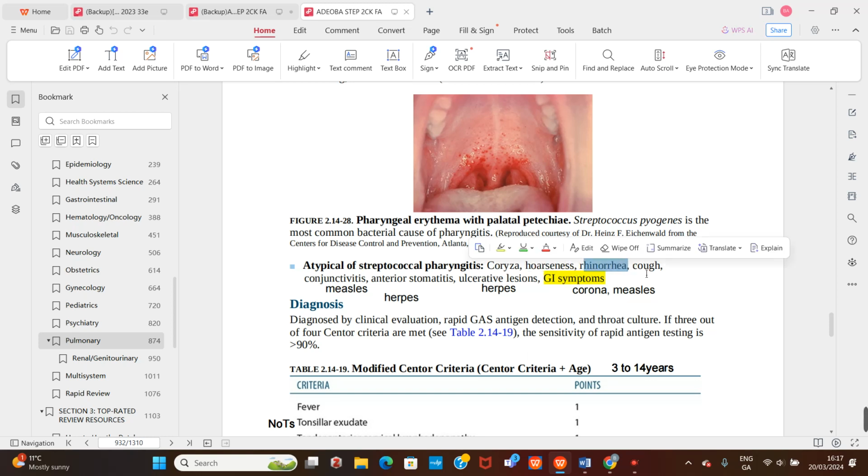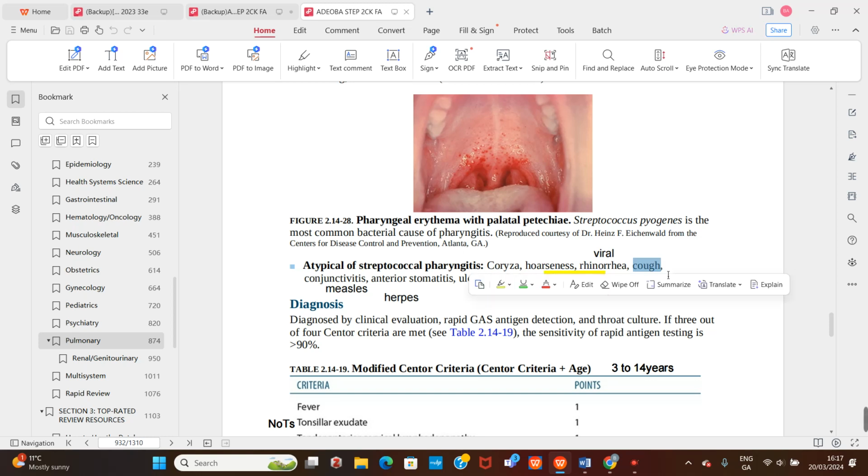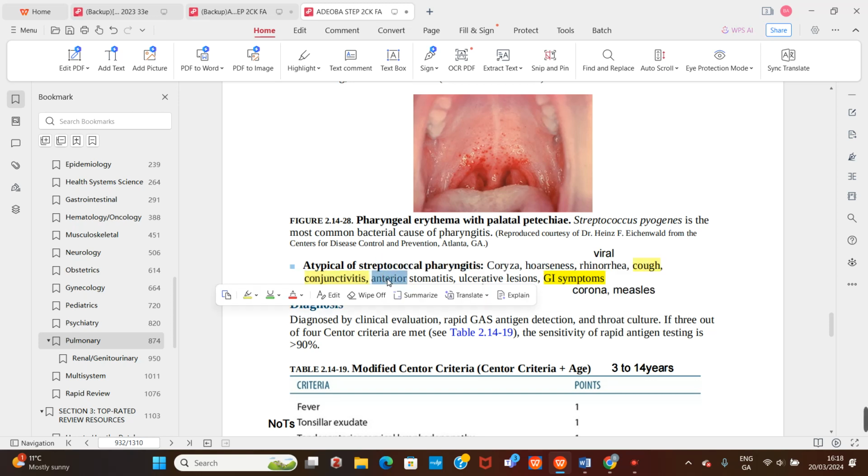Cough: they don't have cough, so it's one of the symptoms that is absent in group A pharyngitis. Conjunctivitis, which you can see in something like measles. Herpes anterior stomatitis, ulcerative lesions, GI symptoms, measles, corona. So all these are more in keeping with viral infection. You don't see them in people with group A bacterial streptococcal pharyngitis.